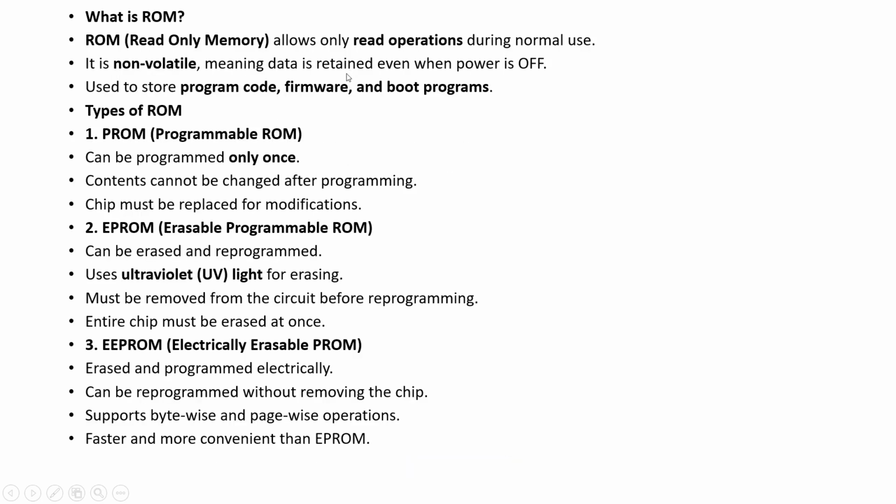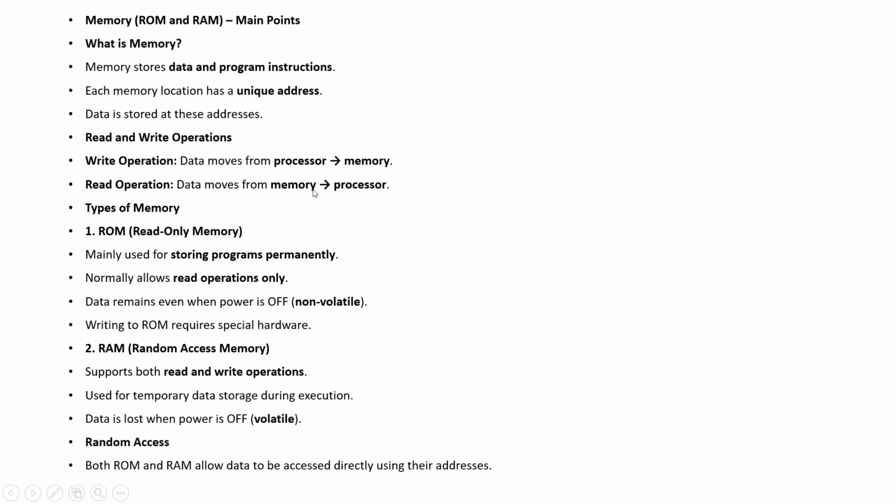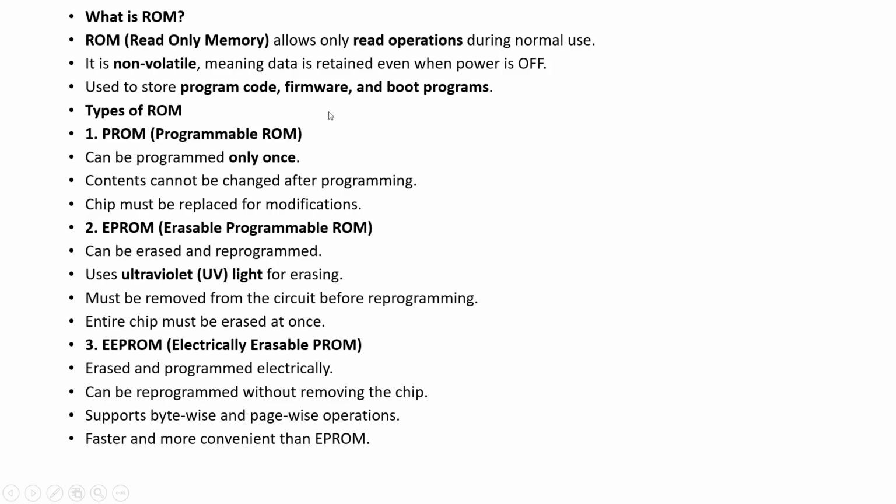ROM only allows read operation during normal use. It is non-volatile, meaning data is retained even when the power is off. These were discussed in earlier slides. It is used to store program code, firmware, and boot programs.